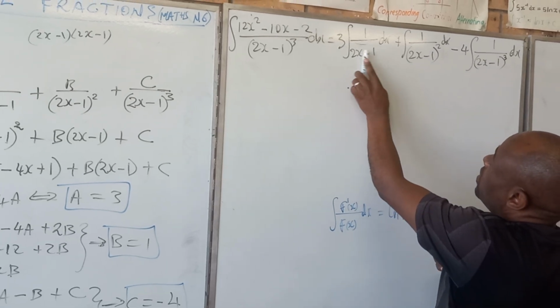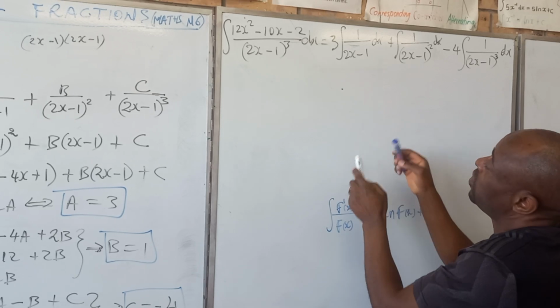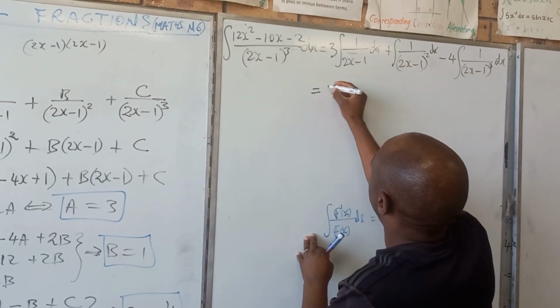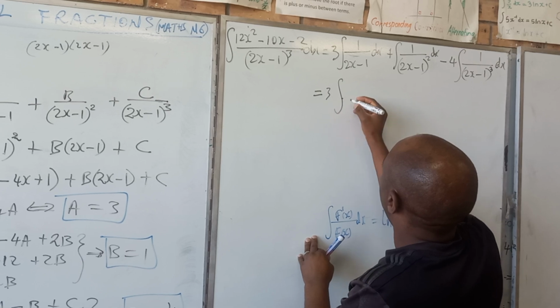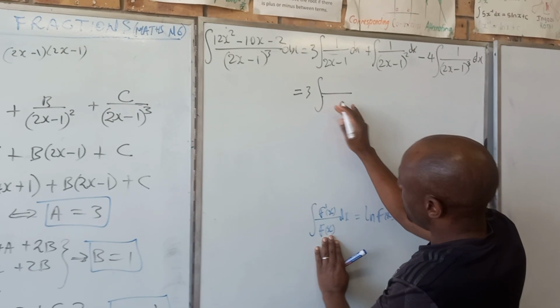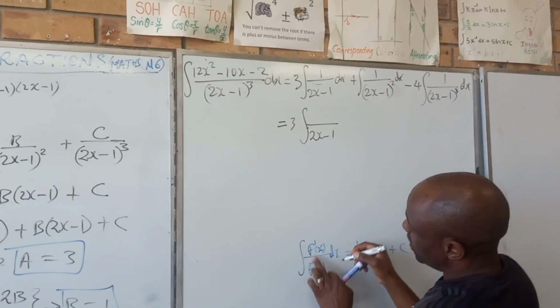So when you look at this, 2x minus 1, its derivative is 2, not 1. So I have to take another step where I will do such an adjustment. I just copy my 2x minus 1, put it there, as the formula says. I'm trying to do what the formula says, then I differentiate it.